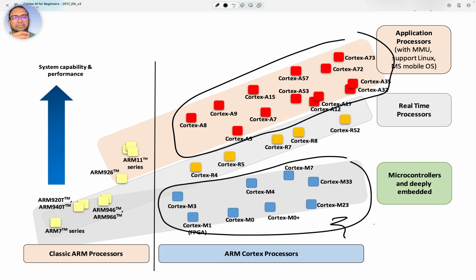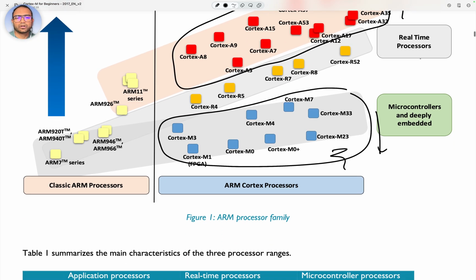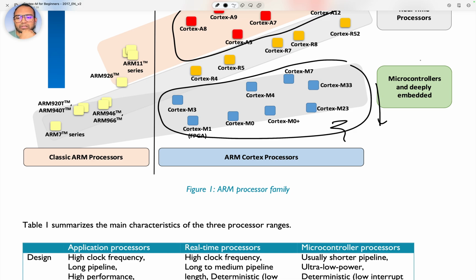You don't need a CPU that's capable of running an operating system. So these are low power and low performance CPUs, and these are the high performance and high power CPUs. Anyway, you can also read this document. It would be cited in the resources.